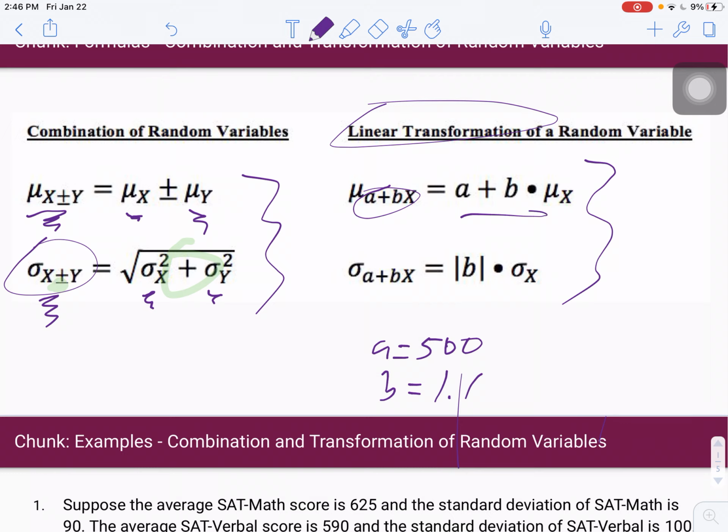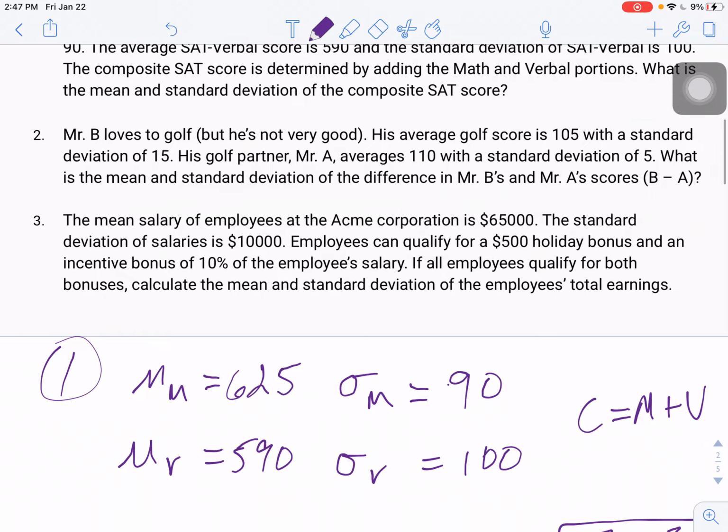For the mean, I need to multiply the mean by B and then add A. Notice for the standard deviation, in this formula, I don't see A. So that holiday bonus actually isn't going to change the spread of the salaries. It's just going to shift everybody's salary up 500, which doesn't affect the standard deviation.